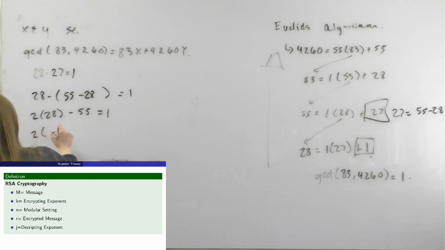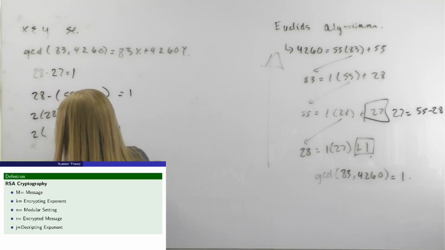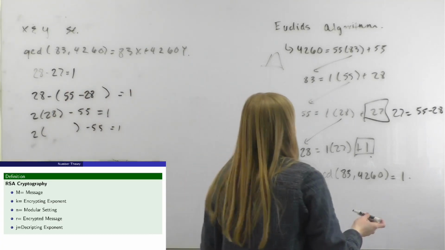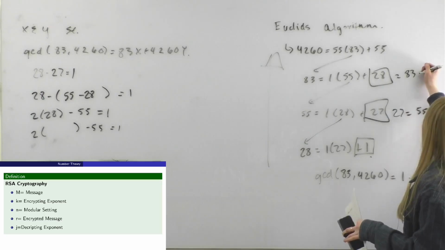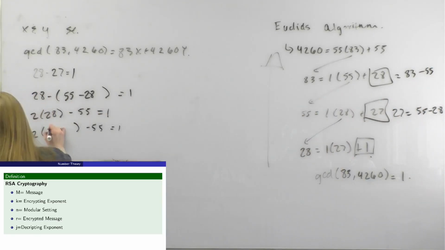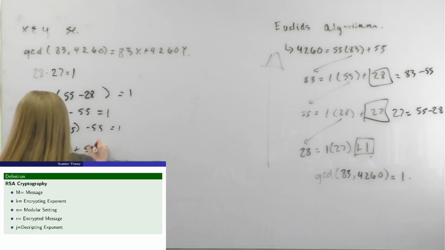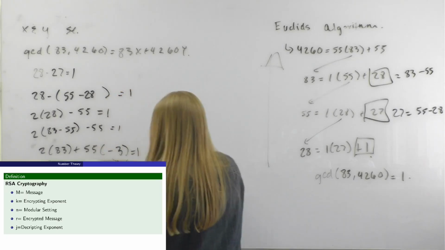Okay. And then we have a formula for 28 as well. We see it here. We know this is equal to 83 minus 55. So we plug it in here. We have 83 minus 55. And we get 2 times 83 plus 55 times negative 3 is equal to 1.